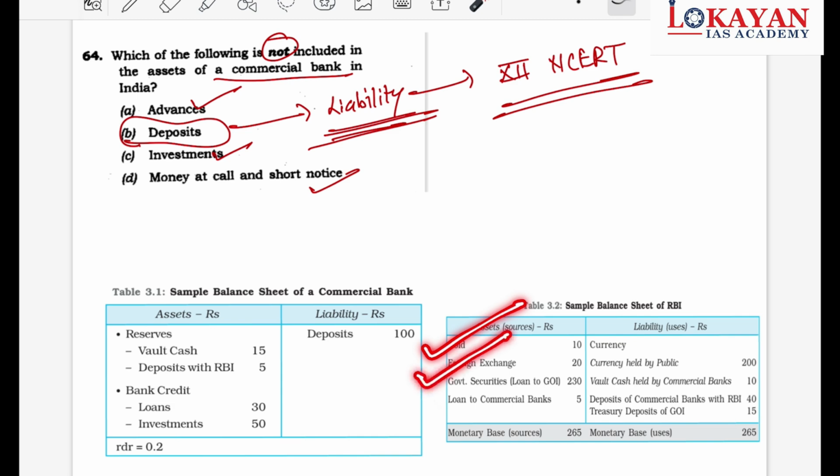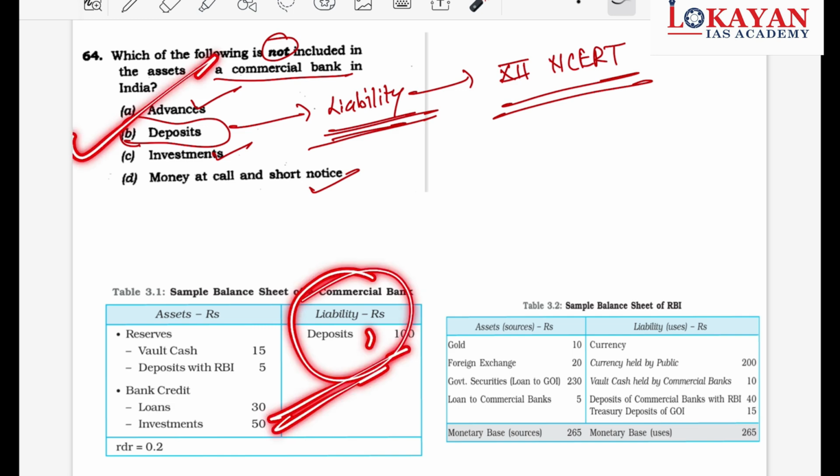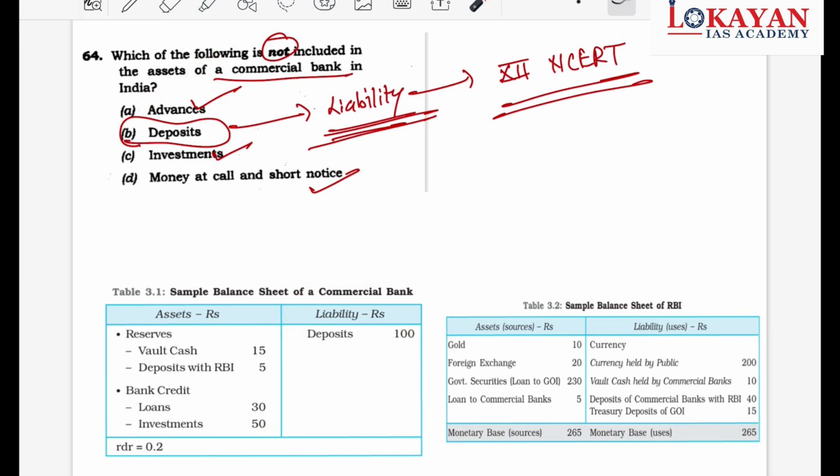Gold, foreign exchange, government securities, and loans to commercial banks. What are the liabilities? Currency held with public, vault cash, and deposits of commercial banks with RBI. So focus here. Here you can see liability, deposits, option number B.